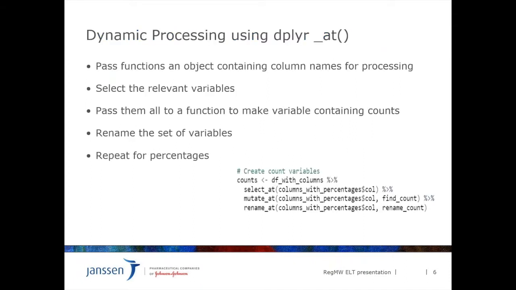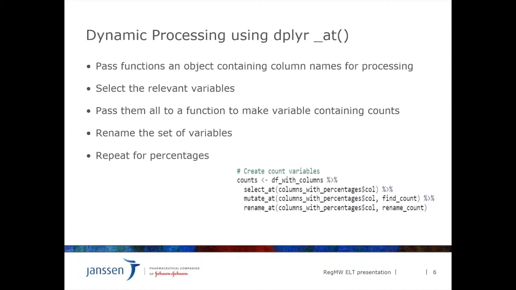Okay, so I really want you to hone in on the code on the bottom right. So we have our data, and then we figured out what columns have counts and percentages, and we've stored that in something called counts and percentages. And this is just basically selecting those variables, applying some sort of function to those sets of variables to find the counts for those. And then we want to rename those to something specific that's going to keep those grouped together.